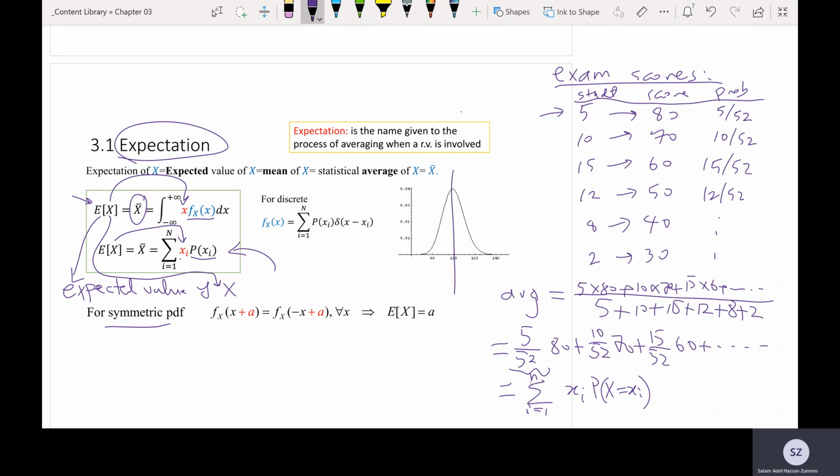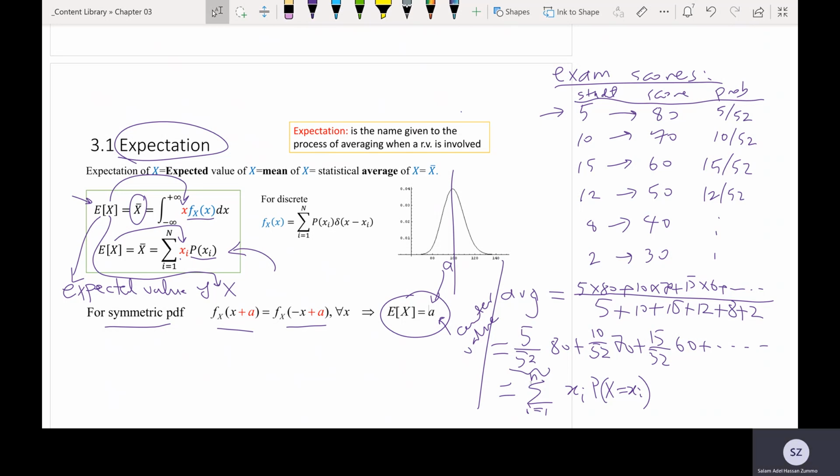In this case, the left side equals the right side, which in this case, expected value of x equals the center value. Okay. وهنا A, this is the center. Any question?